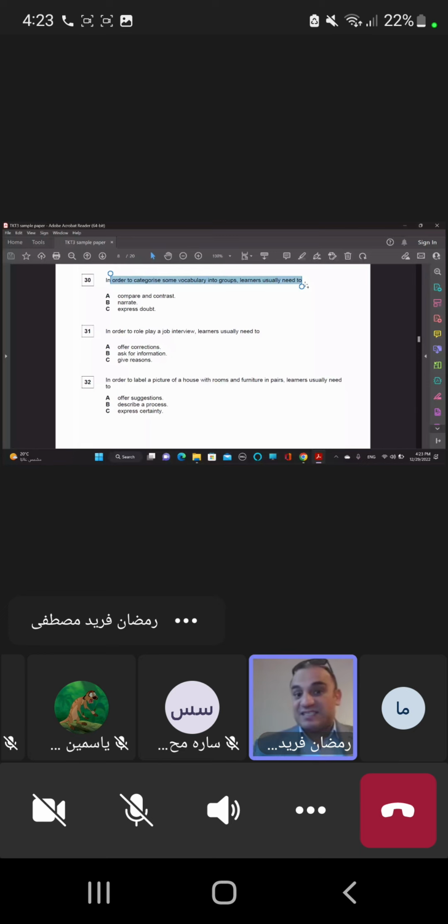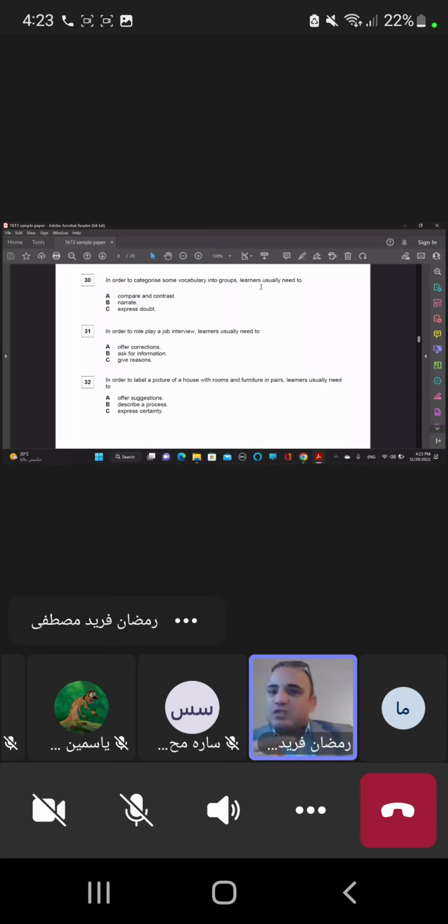This is categorizing words. Will I narrate, meaning tell a story, if I am grouping words according to their meanings?